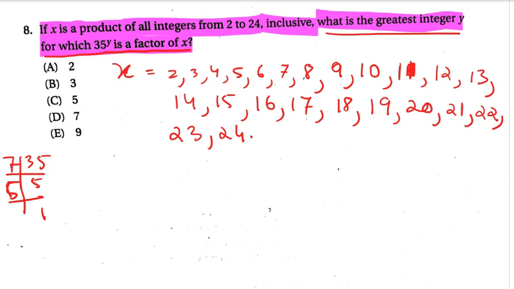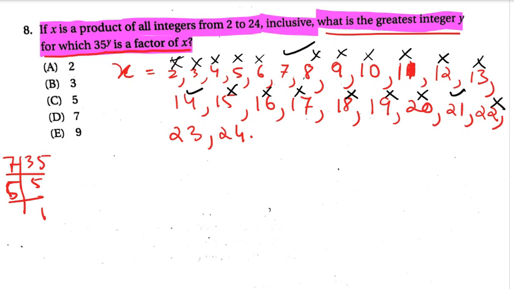So how many numbers have a factor of 7? Not this, no, no, no, no, no, yes, no, no, no, no, no, no, yes. 7 2s are 14, no, no, no, no, no, no, yes. 7 3s are 21, no, no, and no.